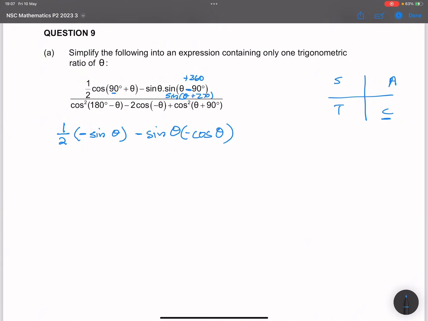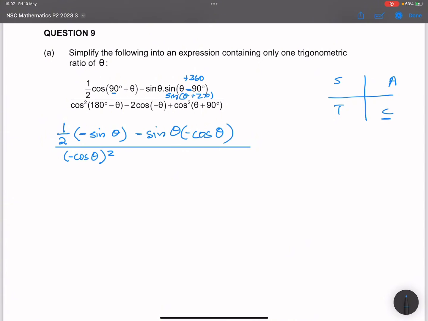So this is divided by the cos squared of 180 minus theta. That would be in the second quadrant. Cos is negative, so this would be negative cos theta. But remember, this is squared.